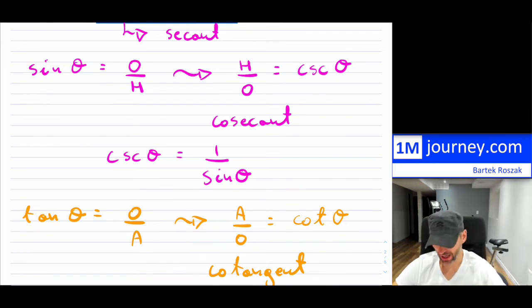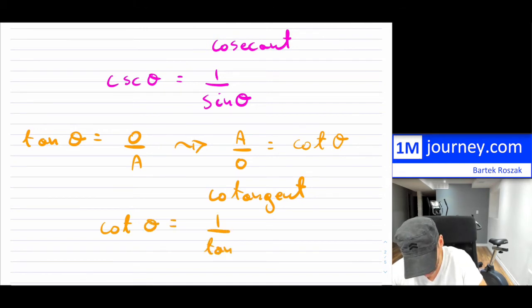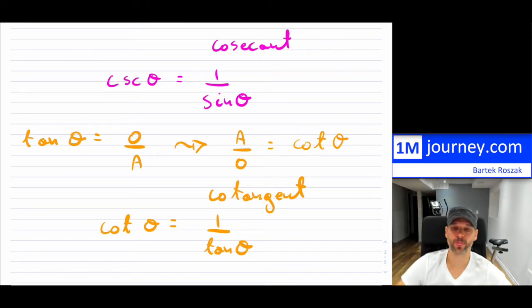So that's what you have. And once again, if you wanted to know what the cotangent is, you can just take the reciprocal of tangent and put it over 1. So those are the definitions of all the different ratios. And this secant, cosecant, and cotangent, yes, unfortunately, it's a little bit more to memorize, but just remember that they're just reciprocals of each other.